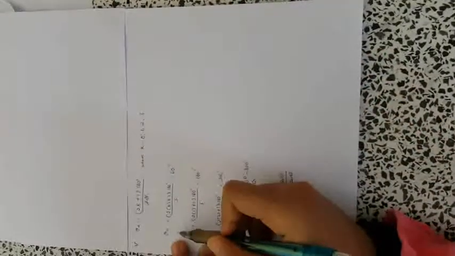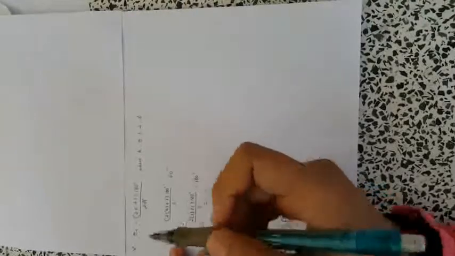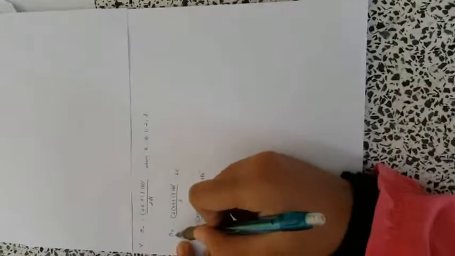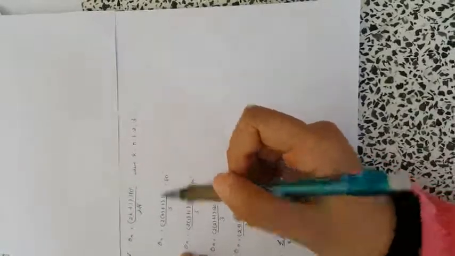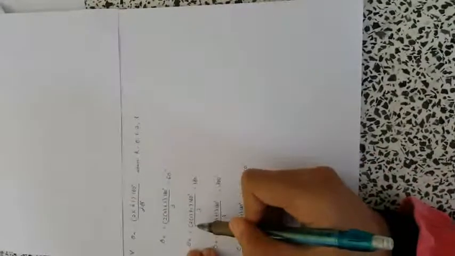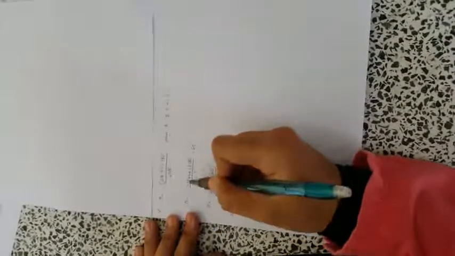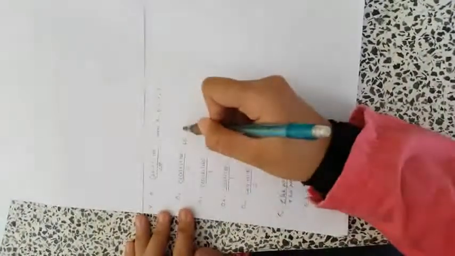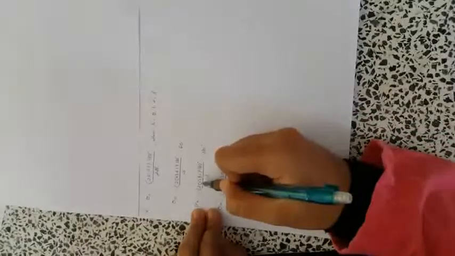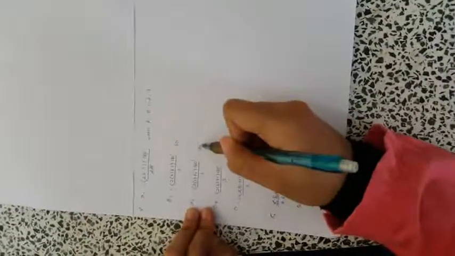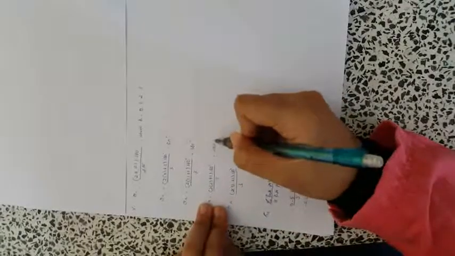So for k equals 0, we get 60 degrees. When k equals 1, we have 180 degrees. For k equals 2, we have 300 degrees.